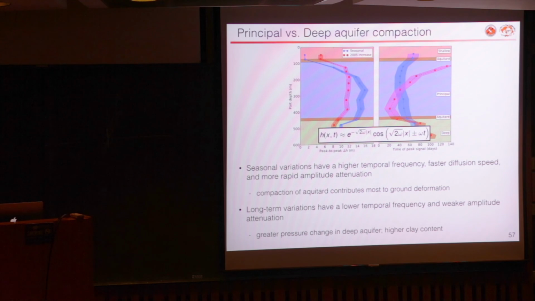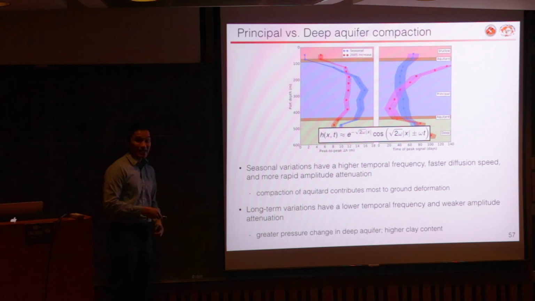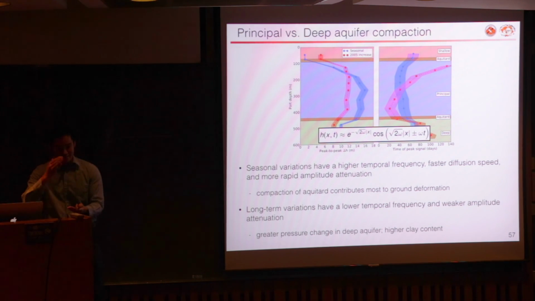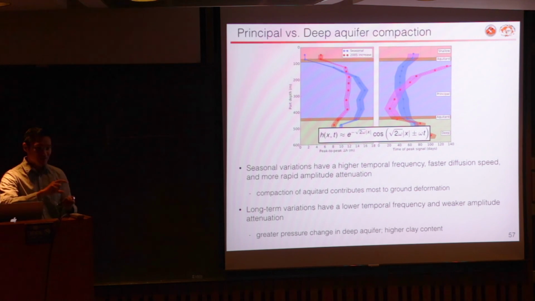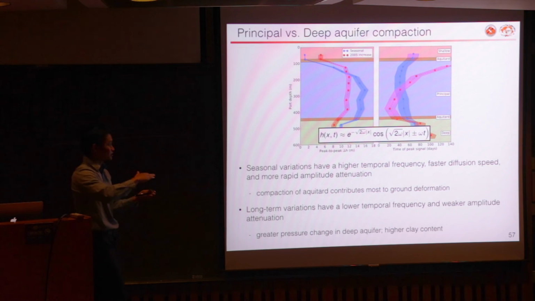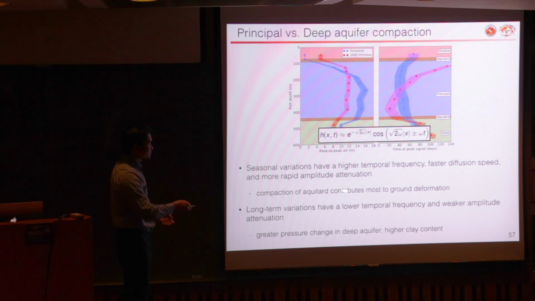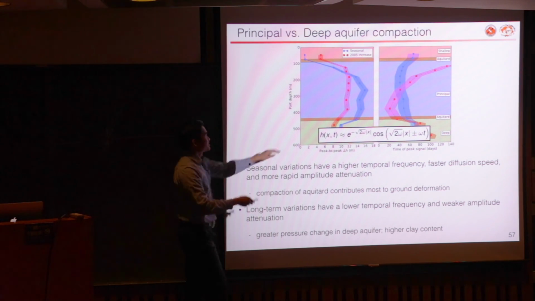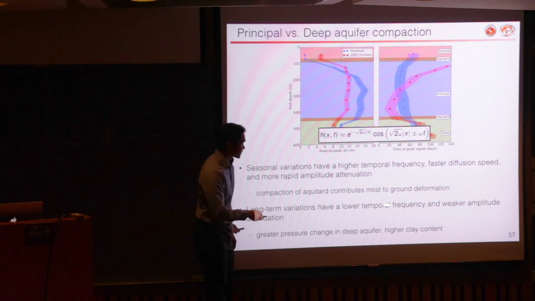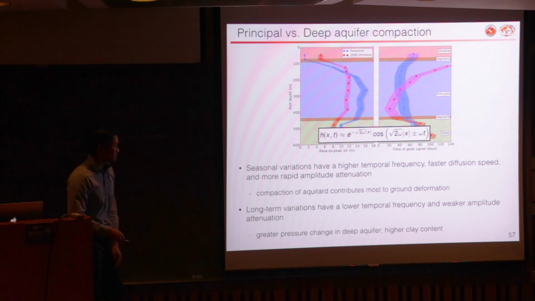These seasonal variations have a higher temporal frequency and faster diffusion speed, but they also have more rapid amplitude attenuation. So for this rapid seasonal groundwater pumping and recharge, the pressure perturbation is confined to a limited zone because of this attenuation. And so the compaction of the aquitard, which is adjacent to the principal aquifer, is the one that's contributing most to ground deformation.